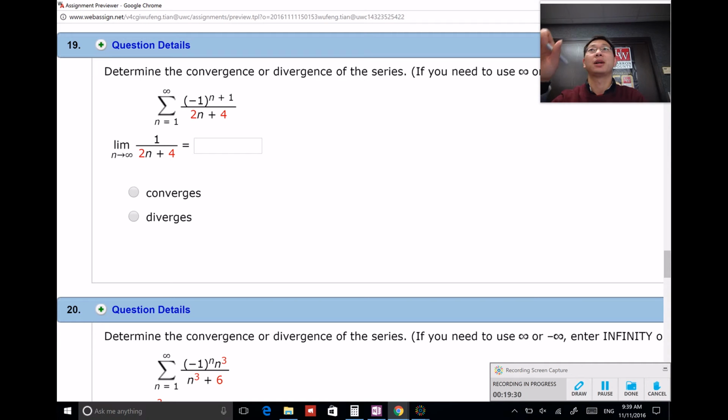You have to press the button when you answer a question. Okay, so can anyone else tell me if it converges or diverges?